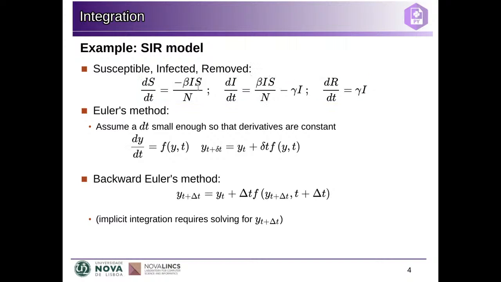That depends on the number of susceptible and infected, and we have infected people going out, so into the recovered or the removed compartment, because they either die or they recover from the disease. And finally, we have the removed that are going to increase at a rate that is the same as the rate that the infected ones are being lost here.